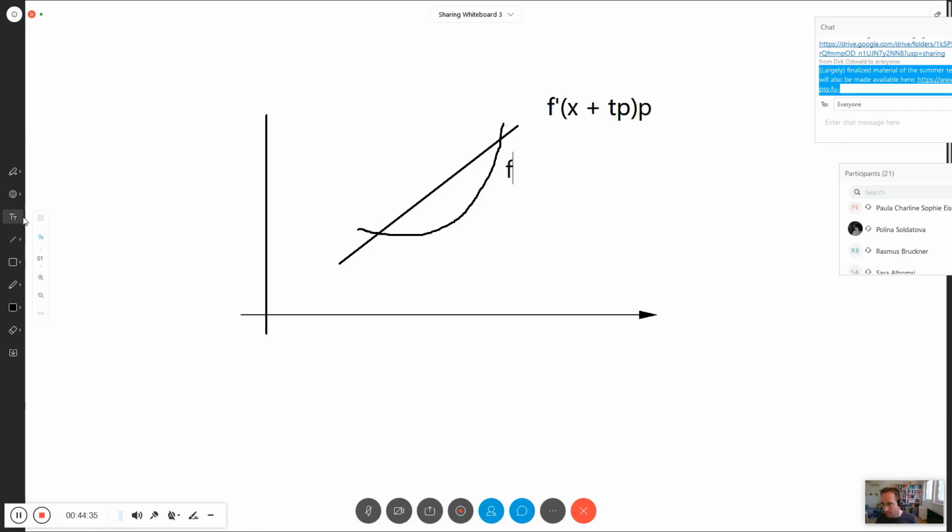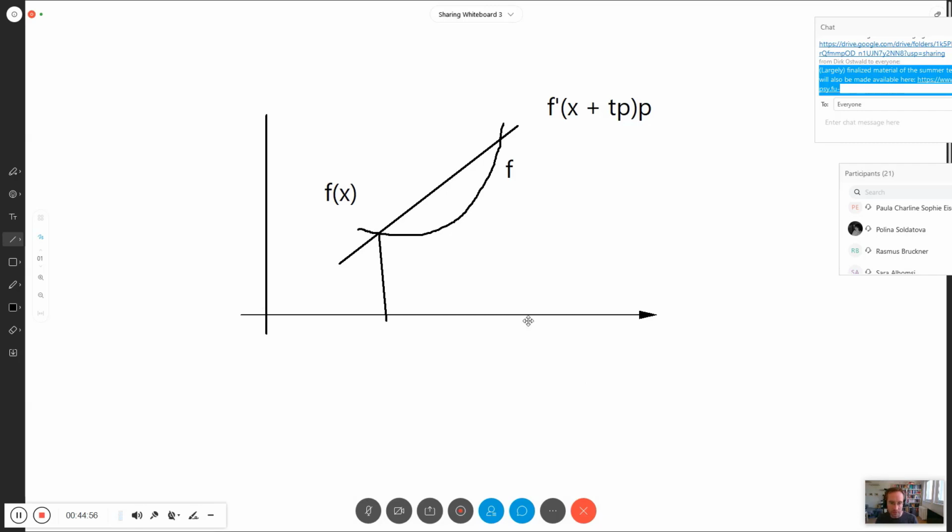And then we have f at the location x. So it's a little bit off, but this would be f of x.